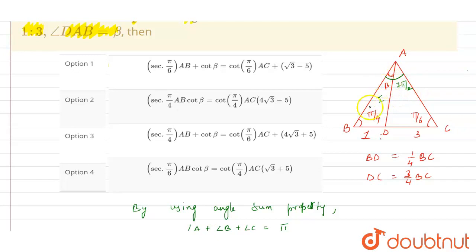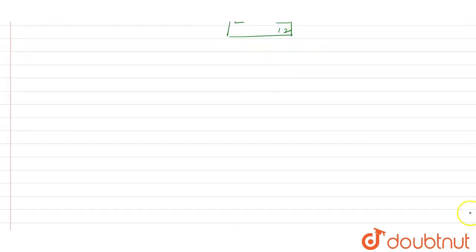For applying in triangle ABD, we can say that by sine rule, sine beta upon 1/4 BC is equal to sine pi by 4 upon AD.